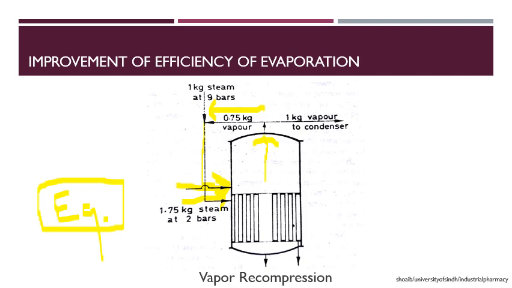But in this, we are utilizing the vapors produced in the process again to vaporize the liquor, and in this way we can increase the efficiency of evaporation and decrease the cost of the process.